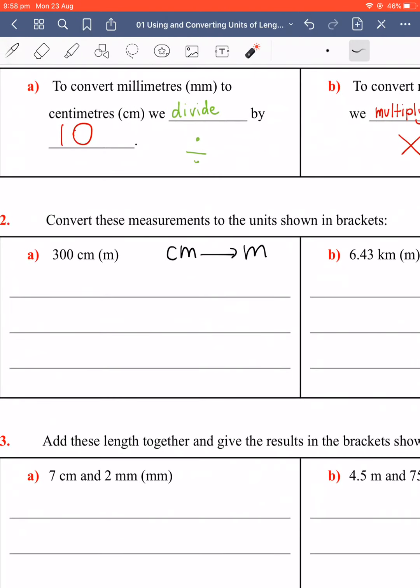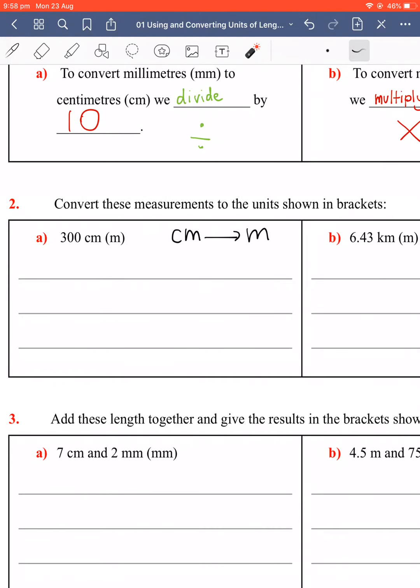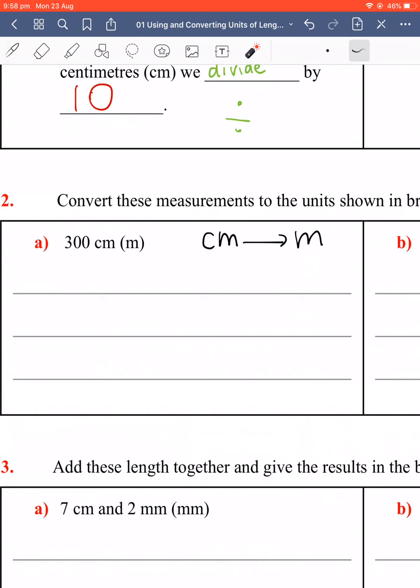Next thing, we are going to convert the units of measurement shown into the ones in the bracket. Here is what I am starting off with, centimeters, and I want to turn it into meters. It may even help to write this on the side just so you can keep track of things.